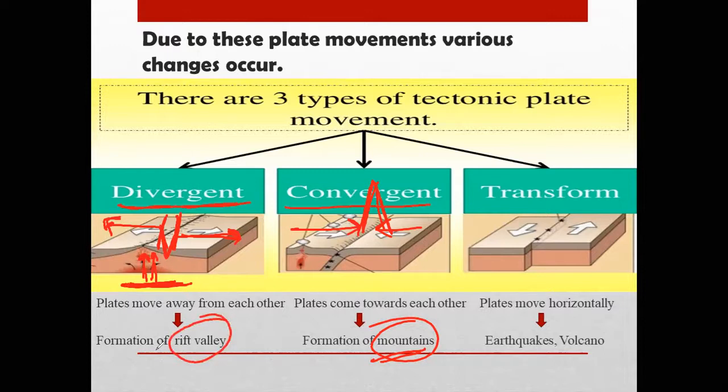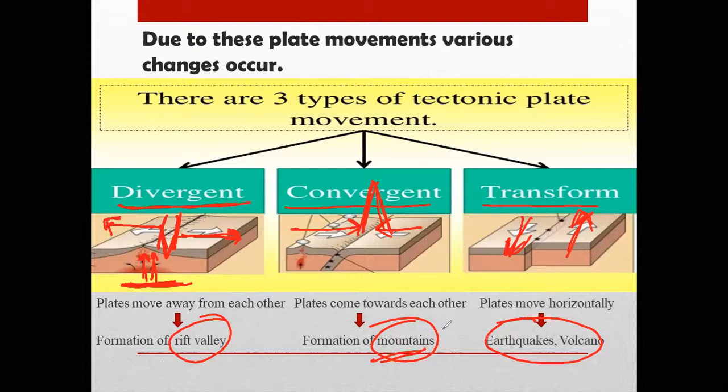Now, the third type of plate movement is transform plate movement. Under transform plate movement, the plates neither come towards each other nor move away from each other. Instead, they move horizontally. If one plate is moving southward, the other would move northward, which further causes earthquakes or volcanoes.